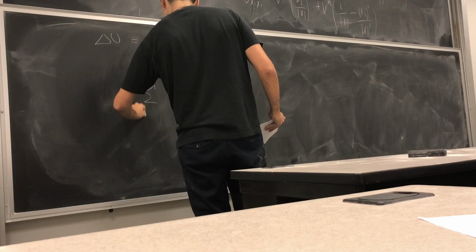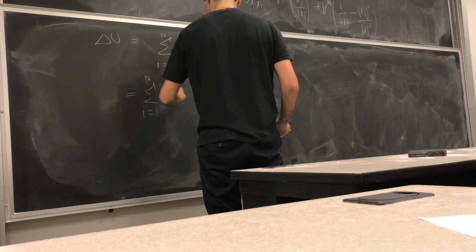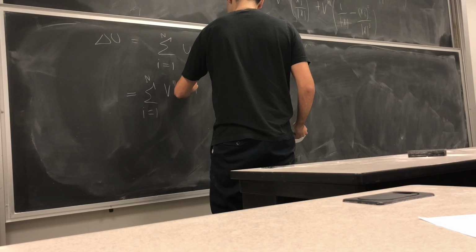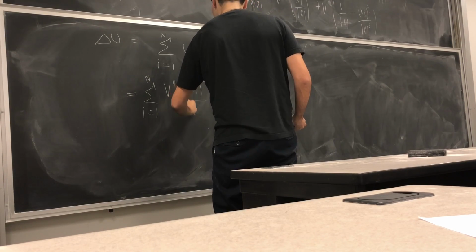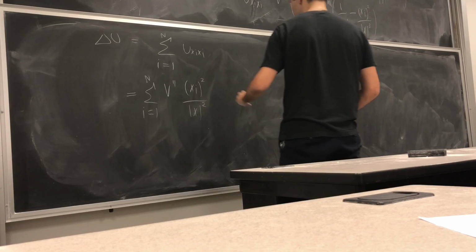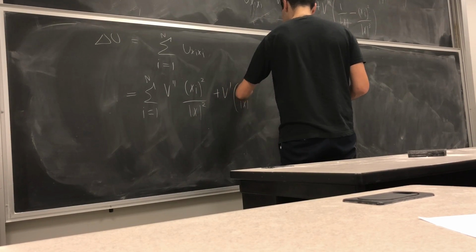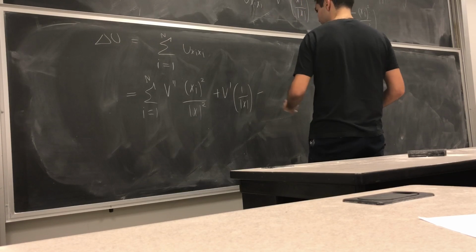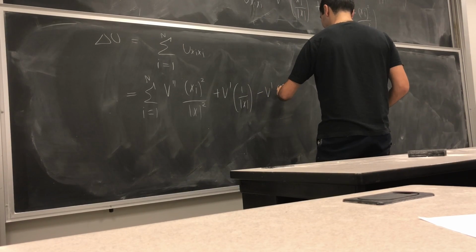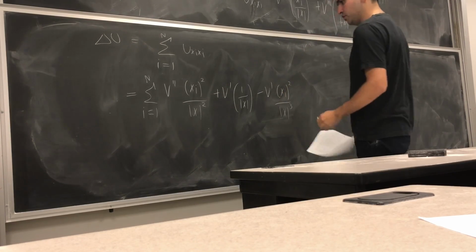That's the sum from 1 to n of v double prime times, if you want, xi squared over absolute value of x squared, plus v prime times 1 over absolute value of x minus v prime times xi squared over absolute value of x cubed.